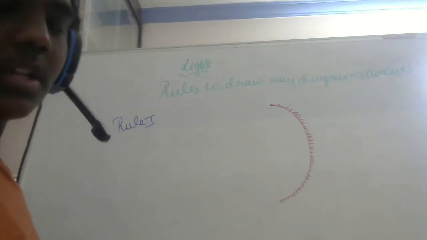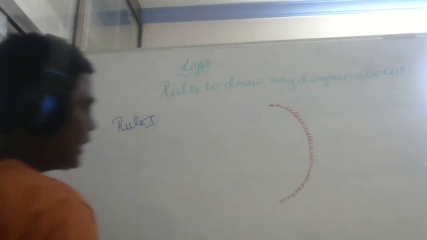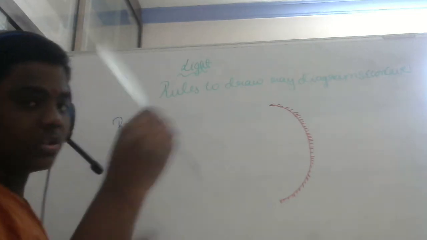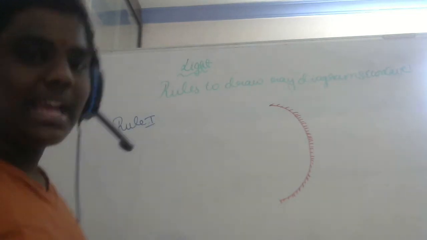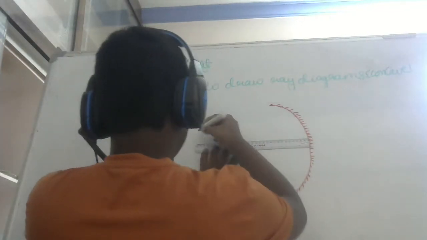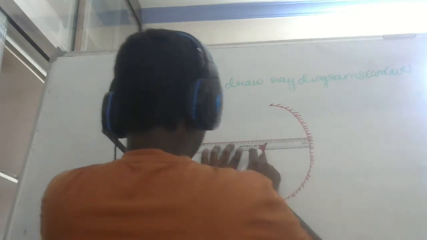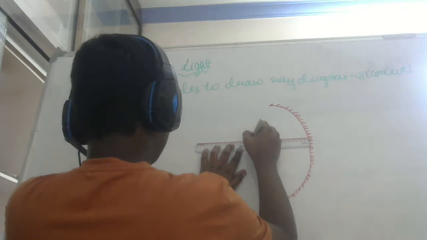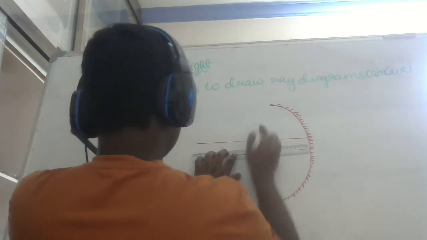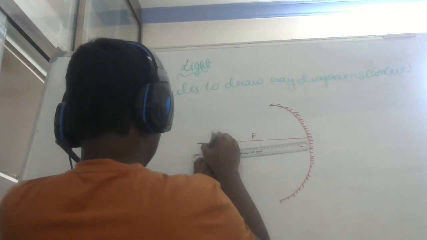So now let us draw the principal axis. For the principal axis, use your scale so that you get exact dimensions. I am taking it as 30 because I have a big board. You can take as much as you want, and mark any point as focus and then any point as center of curvature.